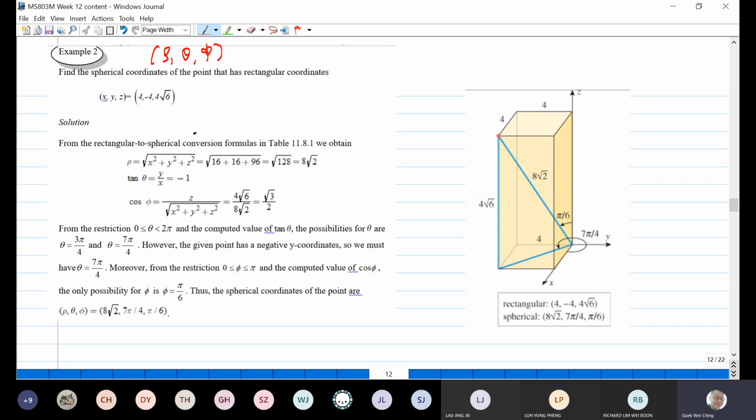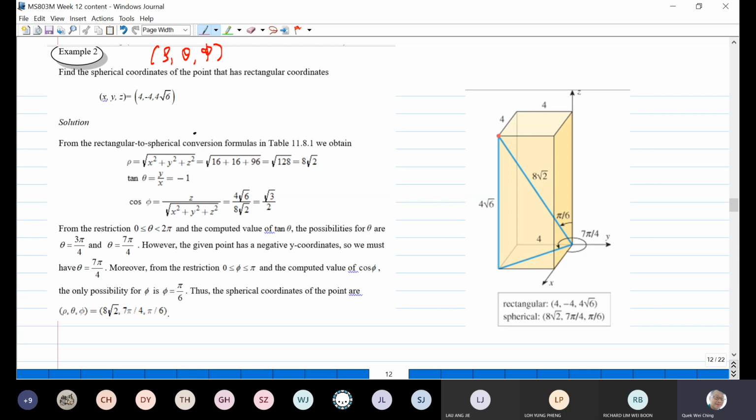Rho is the distance from the origin, theta is measured from the x-axis, and phi is measured downward from the z-axis. So where is the point 4, minus 4, 4 square root 6?